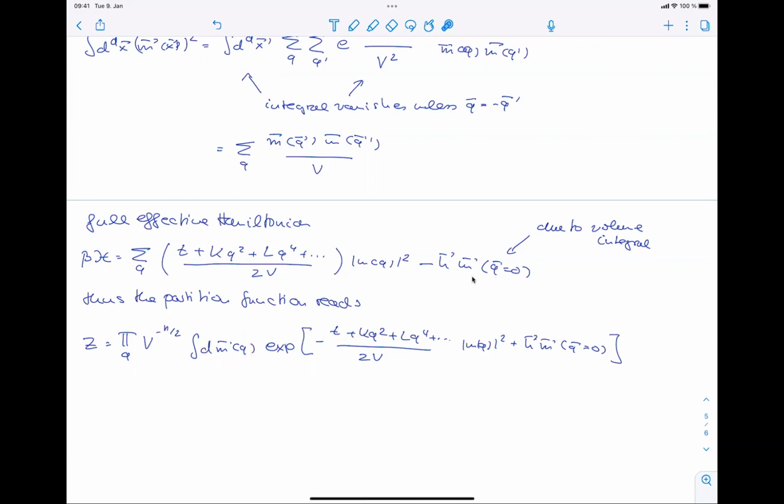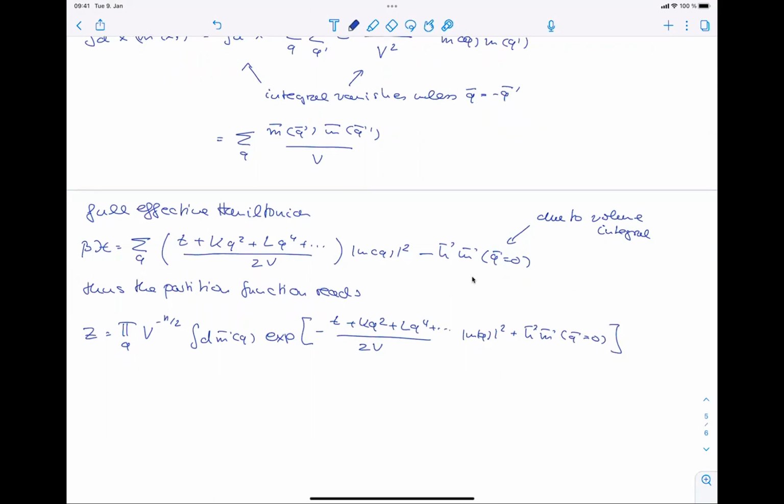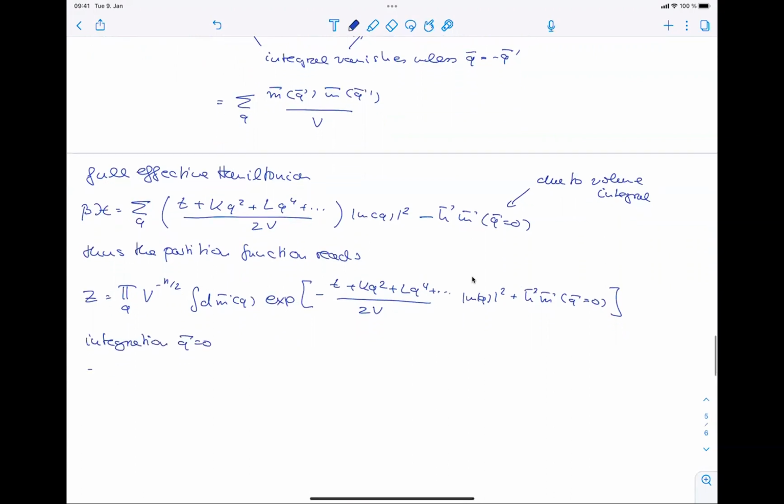And to prepare for that, let's first solve the contribution for Q equals 0, which is where the applied field acts. So the integration for Q equals 0, which I denote Z0, is then we only have one Q, so the product goes away, and I'm going from minus infinity to infinity.